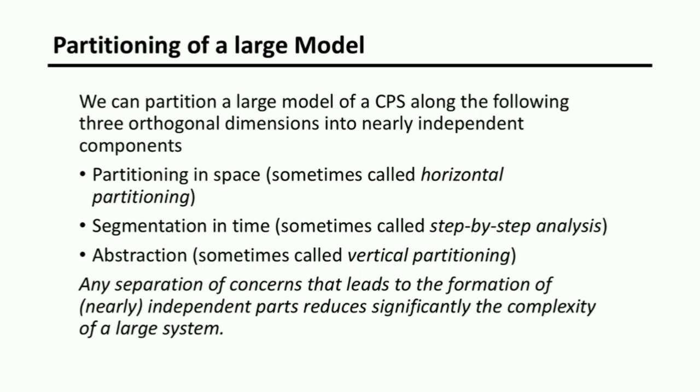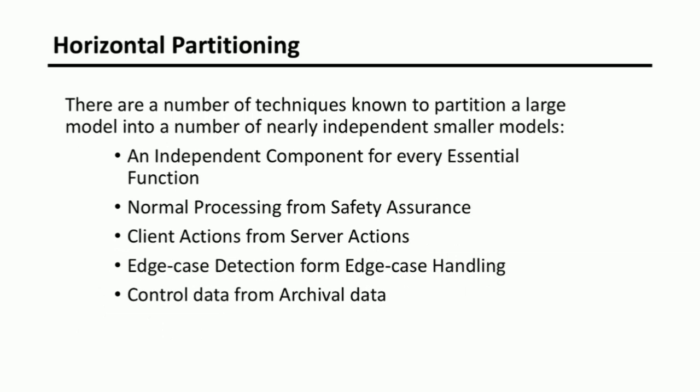So let's go first to the most important technique, and that's horizontal partitioning. Partitioning in space. There are a number of components and a number of techniques available for how we can partition a large system in space. And the first one is probably the most important one. Given a system where you have a number of different essential requirements. Now, we could talk a lot about essential requirements.